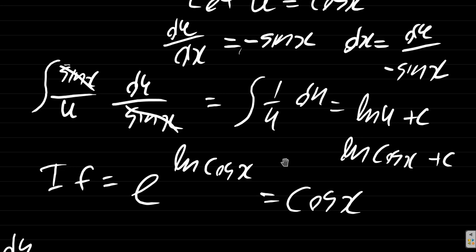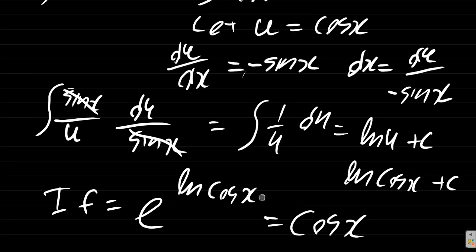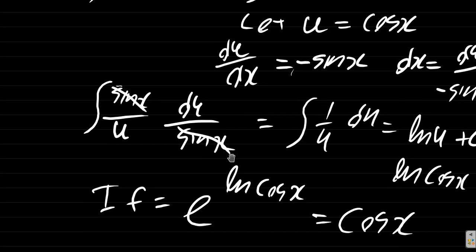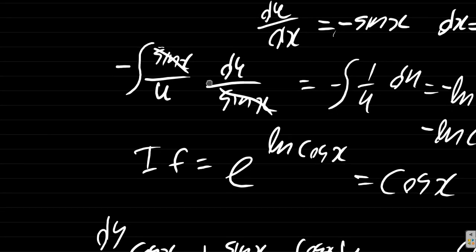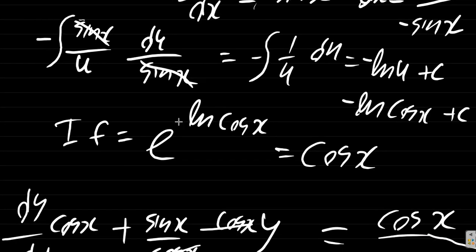So dx is negative. Right? So when we found dx as this, there should have been a negative here. So all of this should have a negative. So there's a negative here. There should be a negative. So this is a negative cos.